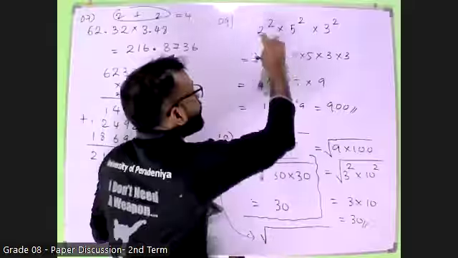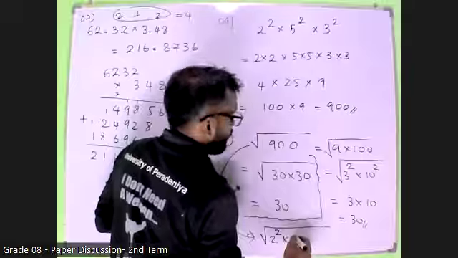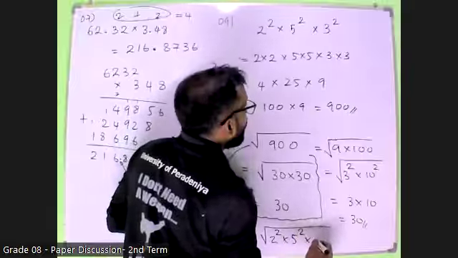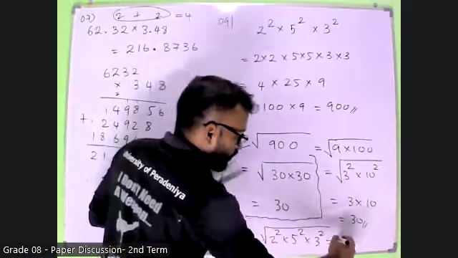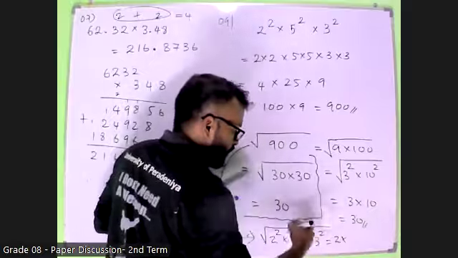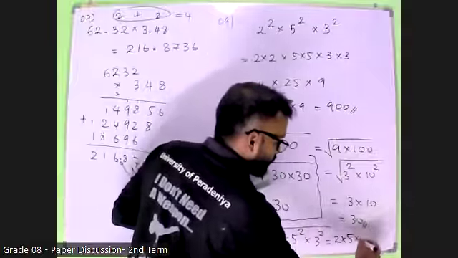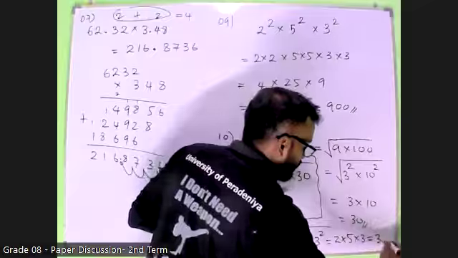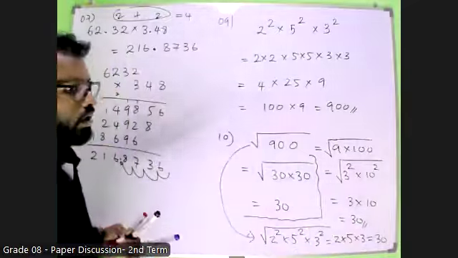Square root of 2 to the power 2, 5 to the power 2, 3 to the power 2: square root of 2 to the power 2, square root of 5 to the power 2, square root of 3 to the power 2. So you will get 2 times 5 times 3, 30. So that is it.